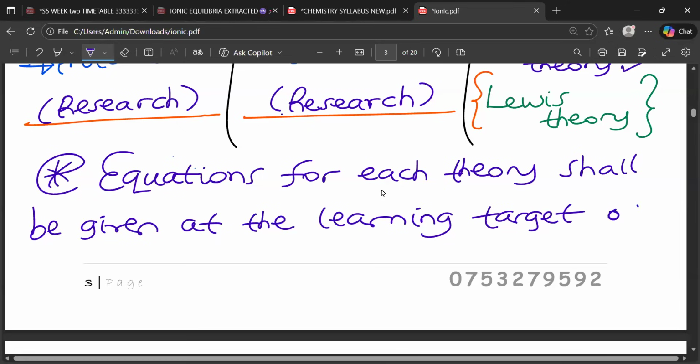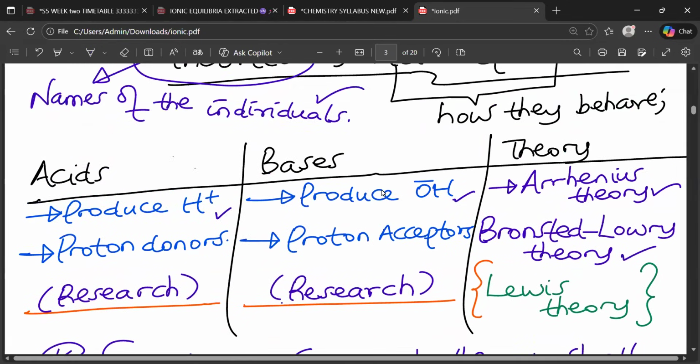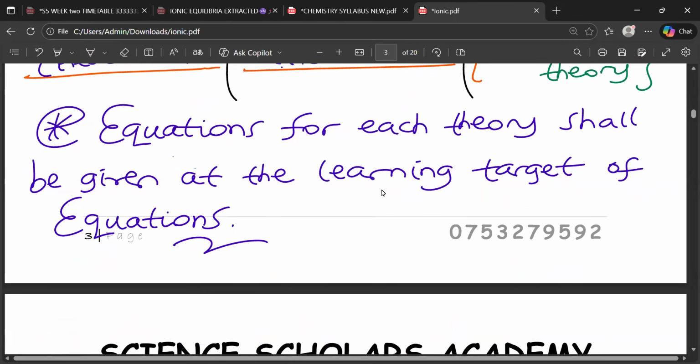So when we reach that learning target of equations, I will tell you. You people are the ones to tell me that that is Arrhenius, that is Bronsted and Lowry. Equations for each theory shall be given at the learning target of equations. So don't worry. But theories have definitions and equations, but we shall see the equations. Just know if you don't understand the equations, they are hard. People fail to write them.